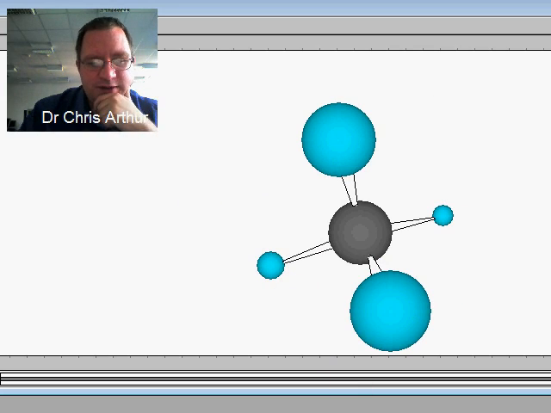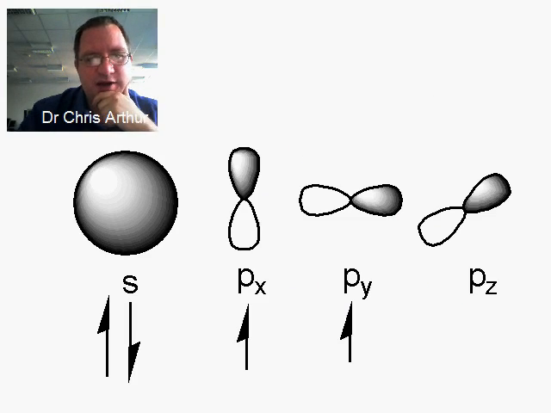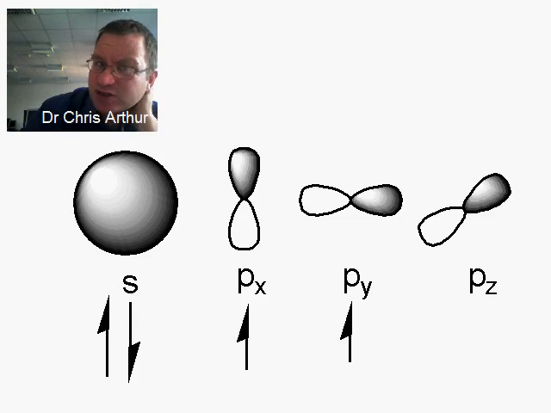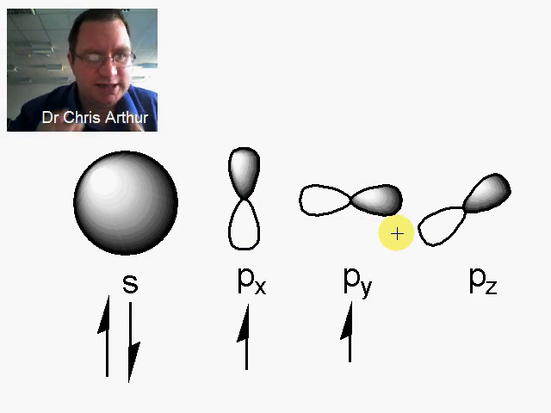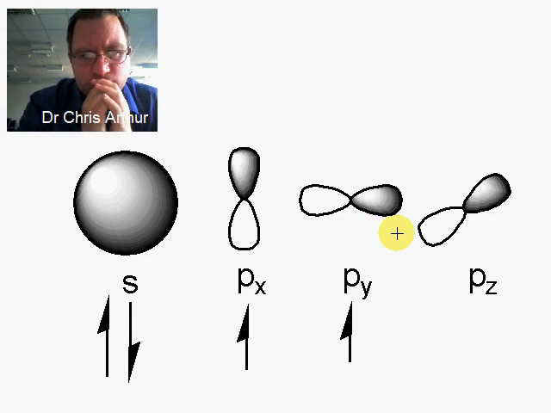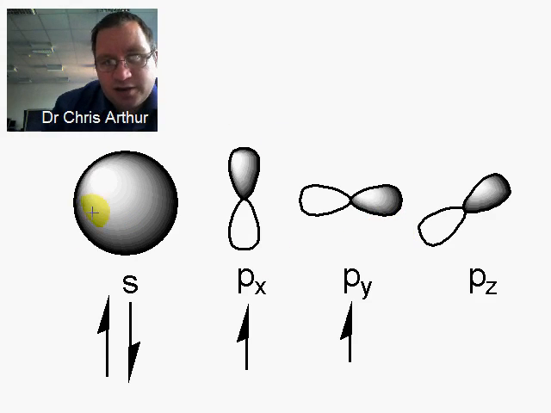Now, if we go back and have a look at our atomic orbitals, we can see that there's a bit of a problem here. Our p orbitals are, for instance, perpendicular to one another, so that's 90 degrees to one another. And our s orbital, if you remember, is lower in energy.